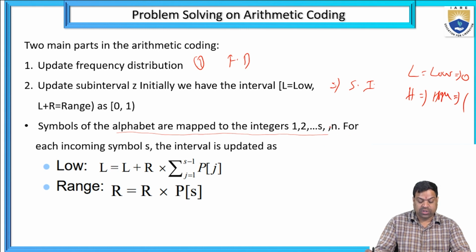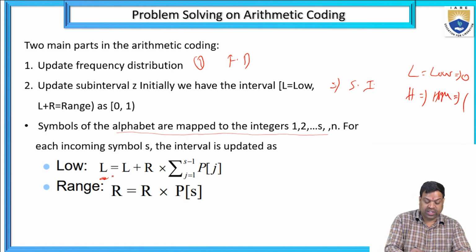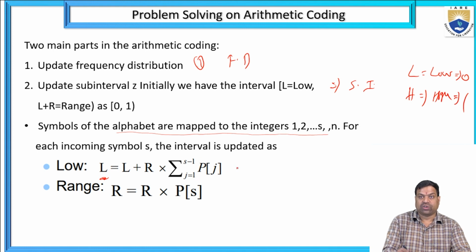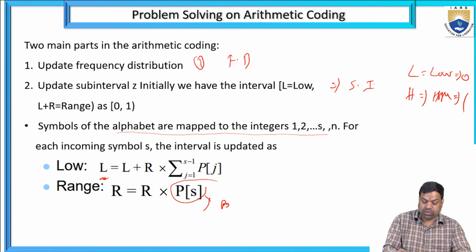For each incoming symbol S, the interval is updated. So low L equals L plus R times the summation of J equal to 1 to S minus 1 of P of J. Range R equals R times P of S. What is P of S? The probability of the symbol.